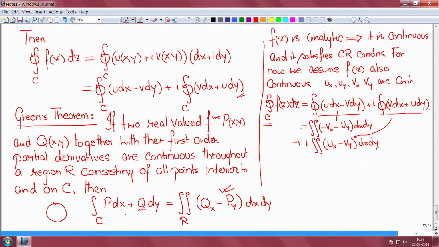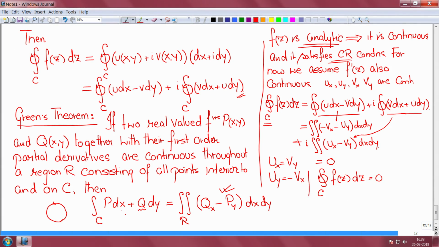But f of z is analytic, and therefore it satisfies the CR conditions, so Ux is equal to Vy and Uy is equal to minus Vx. Now you can see that both these terms go to 0. That means my integral over the closed contour taken positively of f of z dz is equal to 0.